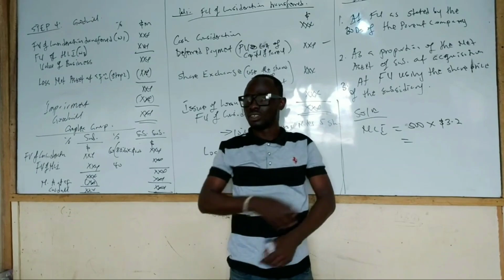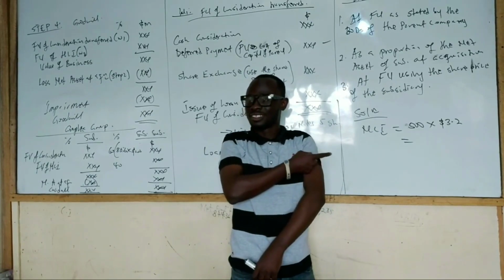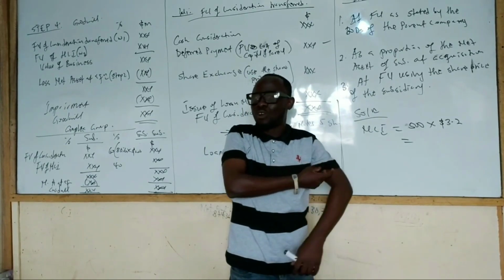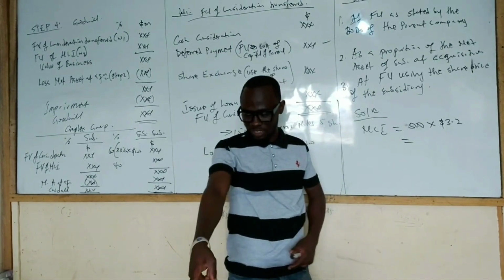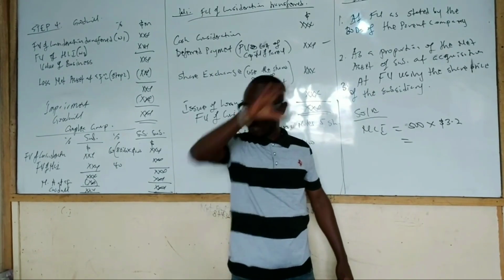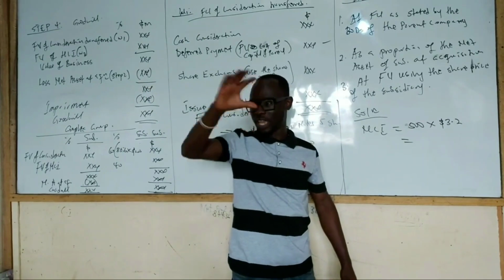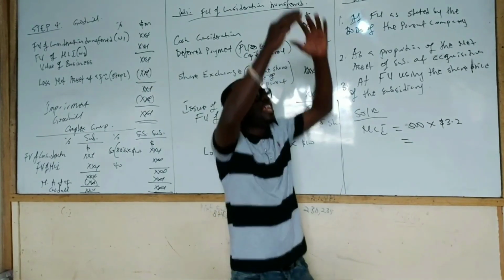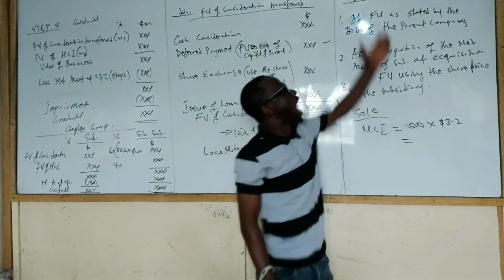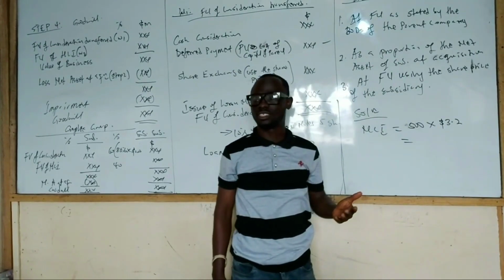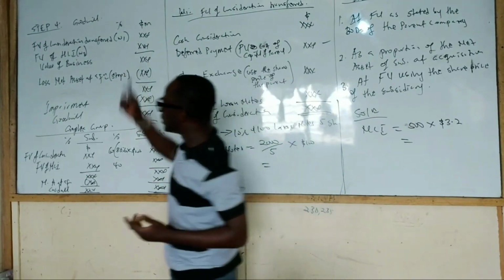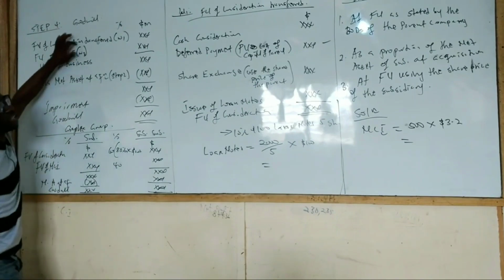Usually it comes at the last part, one line on the footnote. No, it depends. The examiner could put it everywhere. I have some questions where it's at the beginning, even in the preambles, so it can be anywhere. As you are reading the question, you must figure out how you are valuing the NCI.